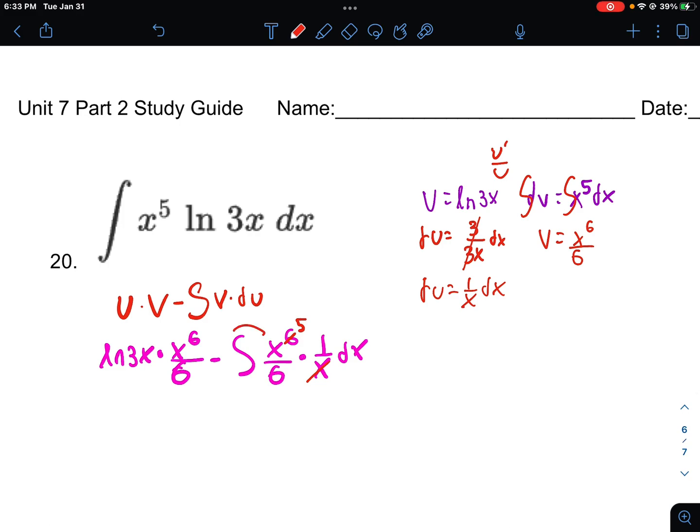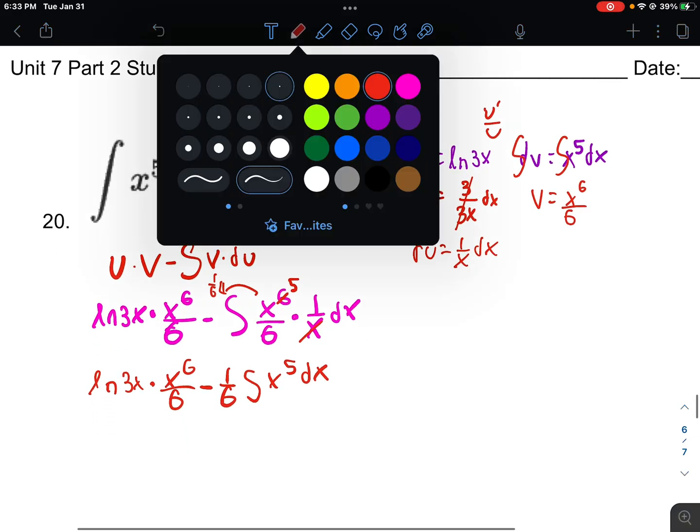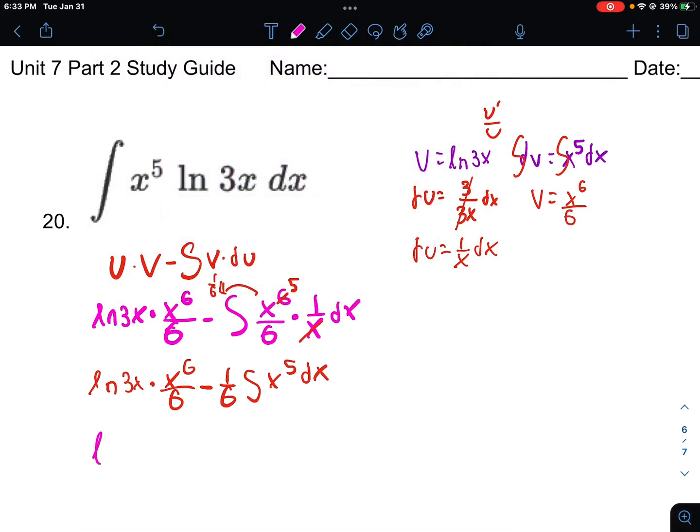I'm going to factor out 1/6, and I have ln of 3x times x to the 6th over 6 minus 1/6 integral of x to the 5th dx. Then we just integrate and we're done. I get ln of 3x times x to the 6th over 6 minus 1/6 times x to the 6th over 6 plus c. And that's all she wrote.